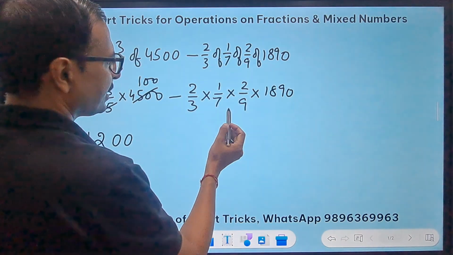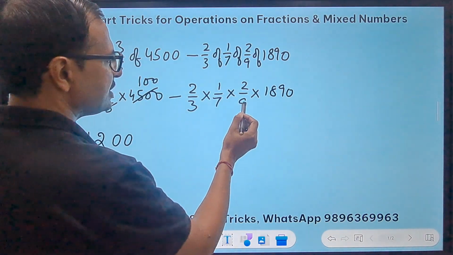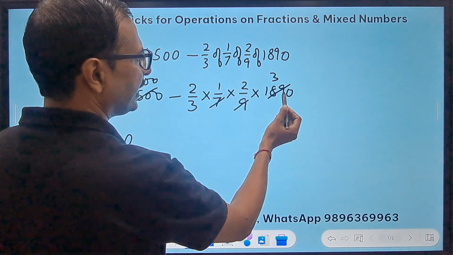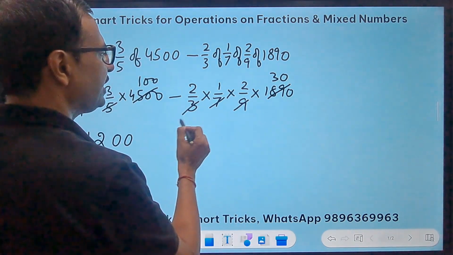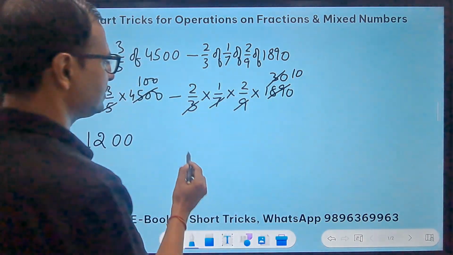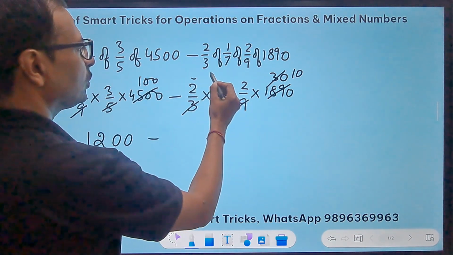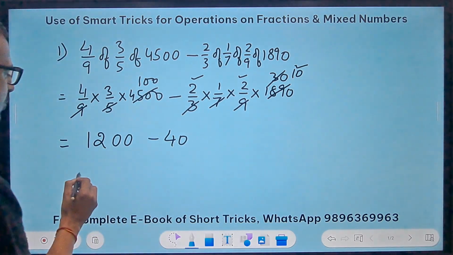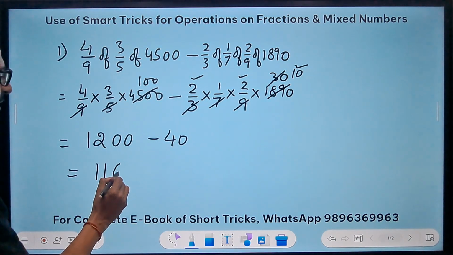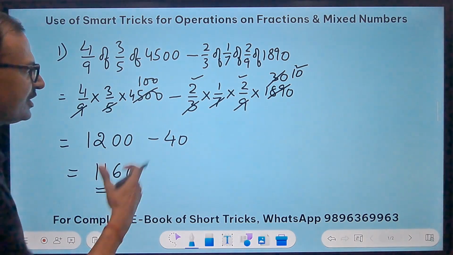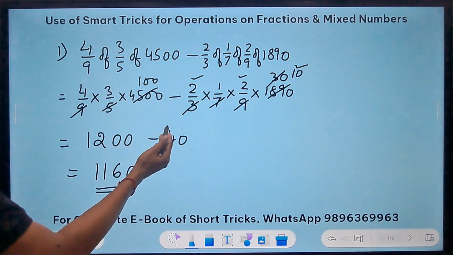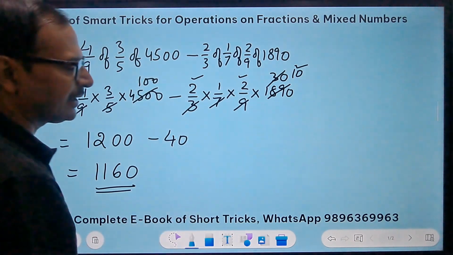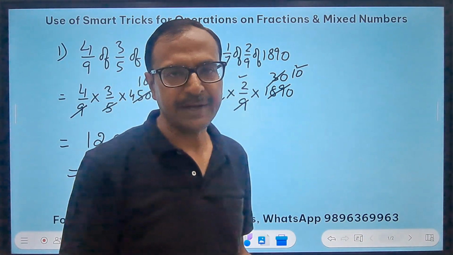As you can see, 7 9s are 63. So if I cancel 63, 3 times is 189. So this is 30, and 3 cancels 30 exactly 10 times. So how much is left here? 2 times 2, 4 times 10 is 40, and so the answer for the question is 1160. Now if it is a multiple choice question, you don't even need to do the subtraction, the last digit or the second last digit, 60, that also can give you a hint that this is the correct answer.